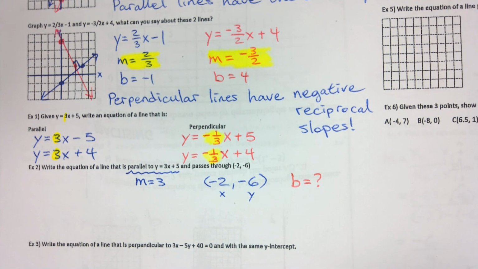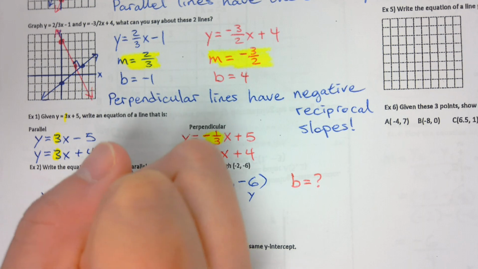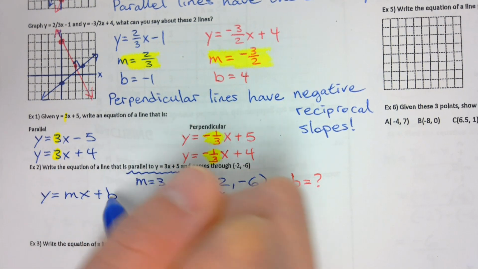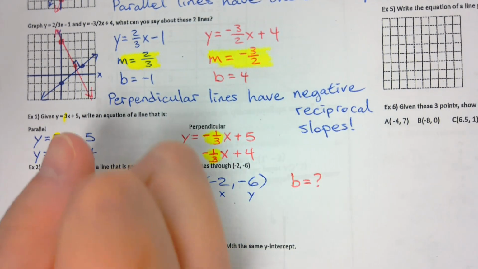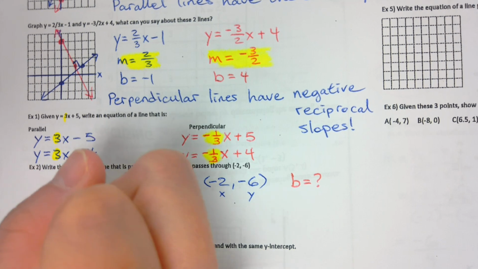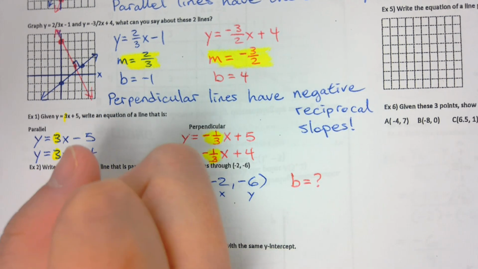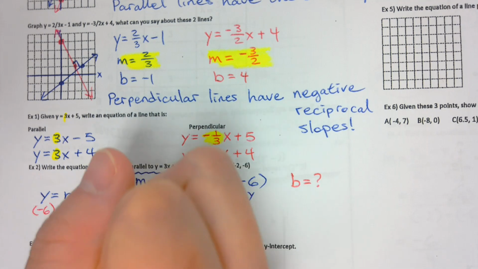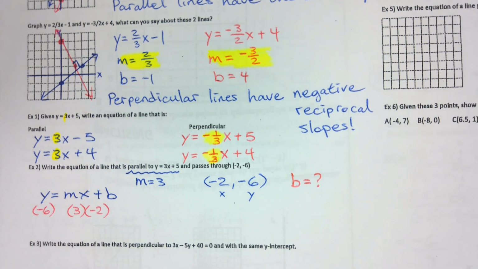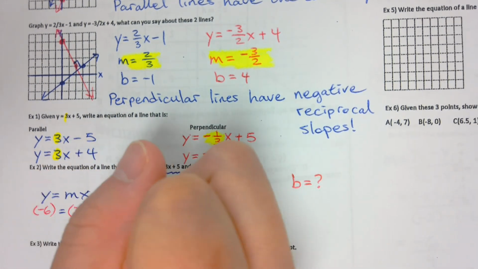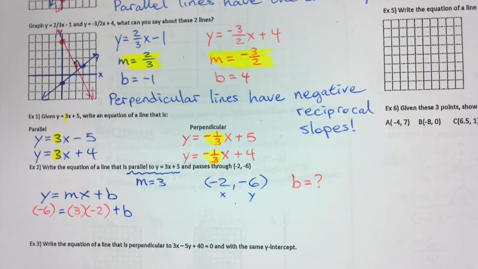Yep. You put the x and the y for the negative 2, -6 into the equation. Right, into the equation. Y equals mx plus b. And I'm going to sub in everything. So y is -6. M is 3. X is -2. Okay, and I'm solving for b.